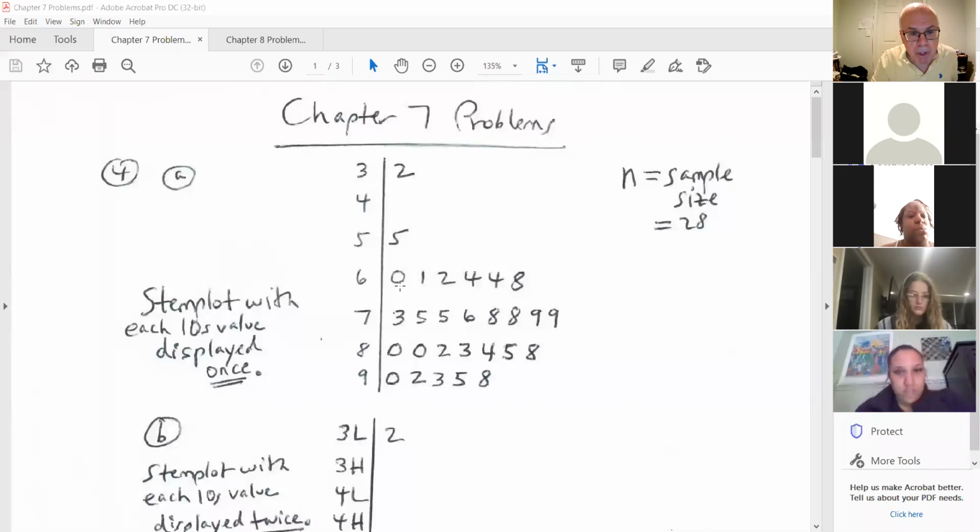And I put them in numerical order just so it'll be easier to answer questions, instead of the order that I see them. So there are 6 numbers in the 60s. There's 60, 61, 62, 2 64s and a 68. Does everybody understand how to read this?